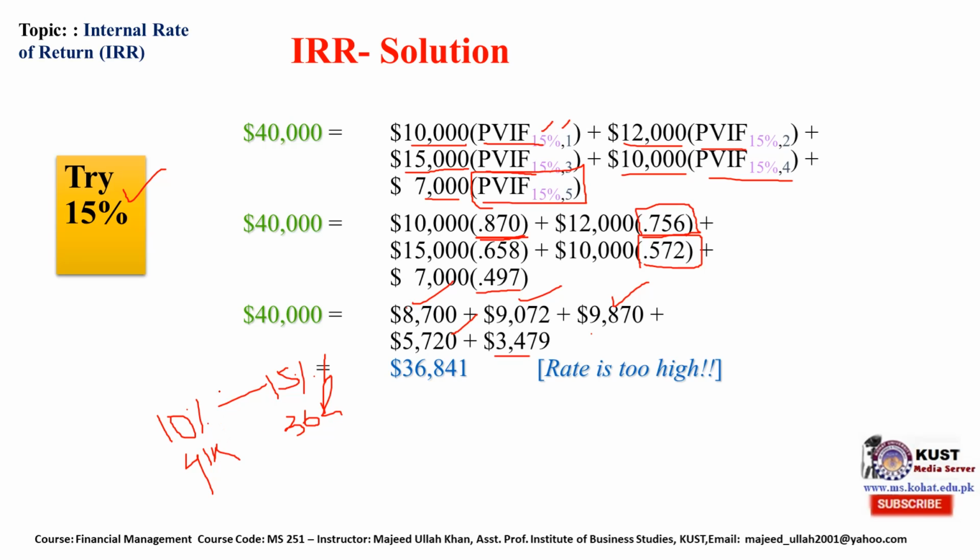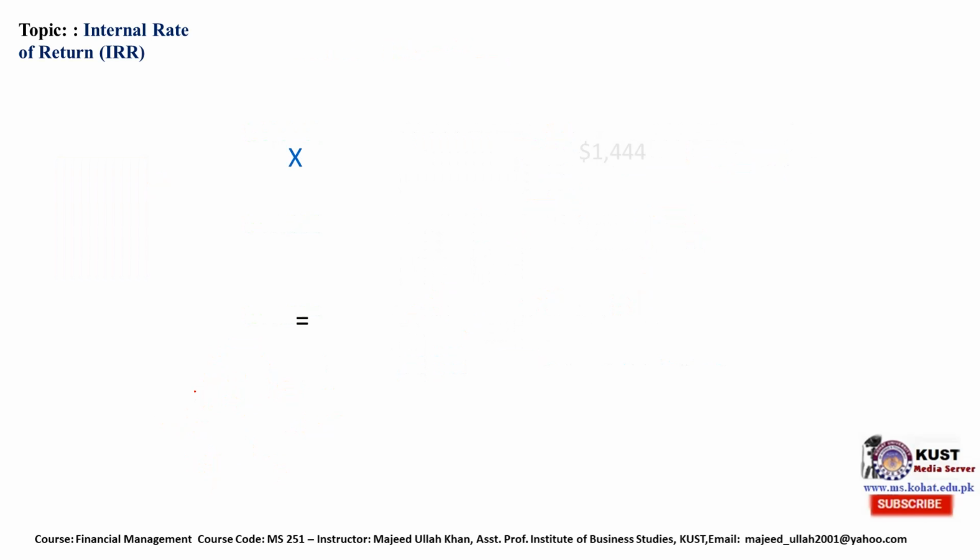So there is a rate between 10 and 15, which is IRR, which will give us a present value of 40,000. So we are trying to calculate this IRR. The method used for calculating this IRR is called interpolation.